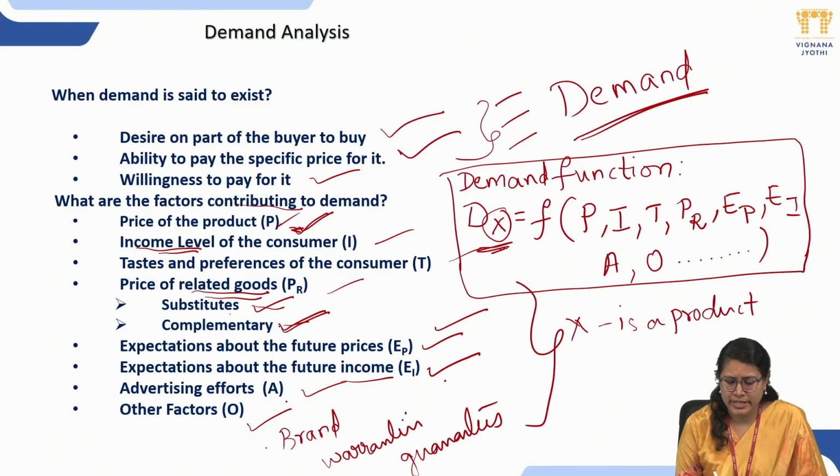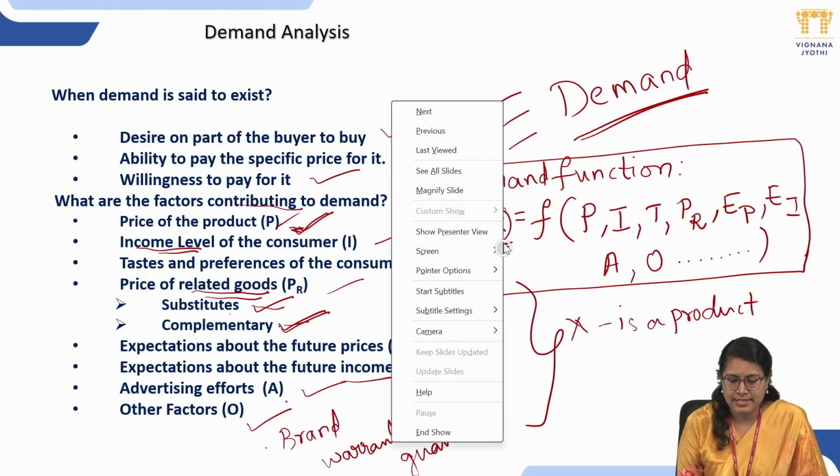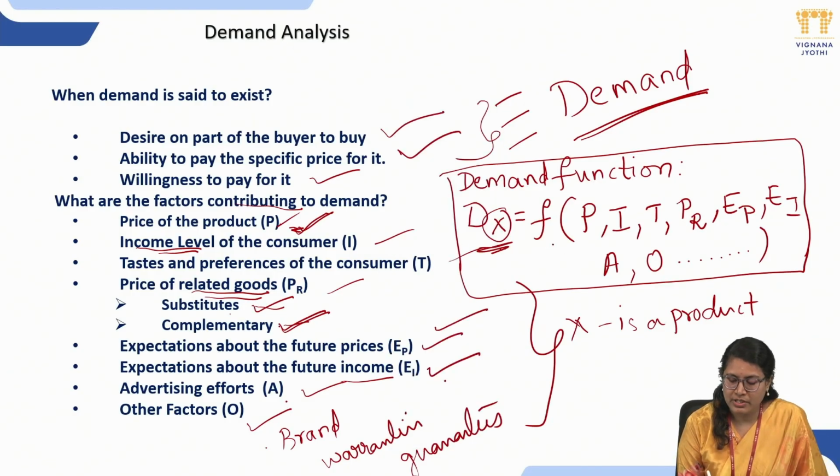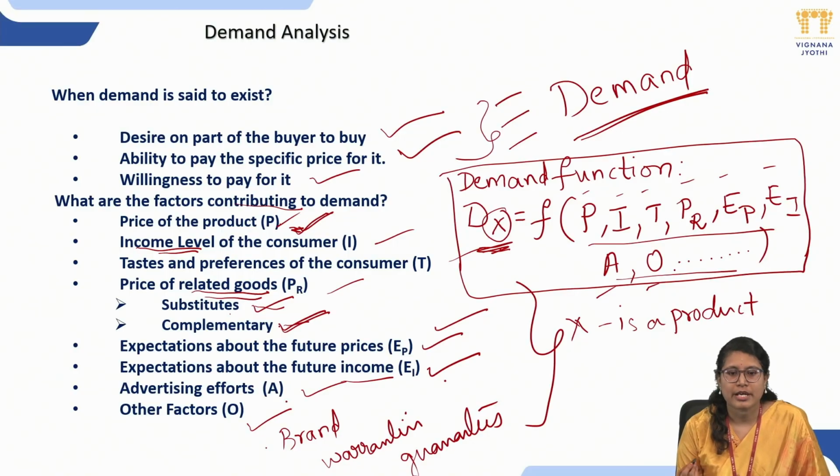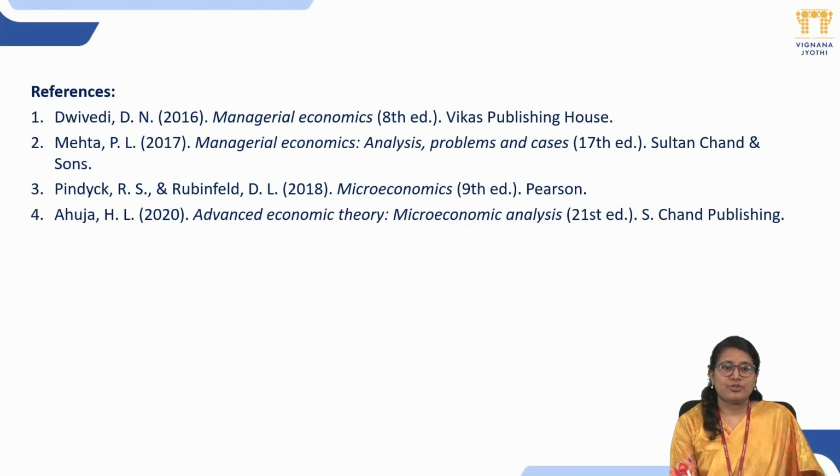So this is the demand of product X. So the demand of product X is a relation or a function between the quantity demanded and all its influencing or determining factors: the price, the income, the tastes and preferences, the price of the related goods, expectations of future increase in price, expectations of future increase in income, advertisement, and any other, like you can include brand, warranties, guarantees, all that also in this. So this is called the demand function, and here you can see the references which I followed for this.